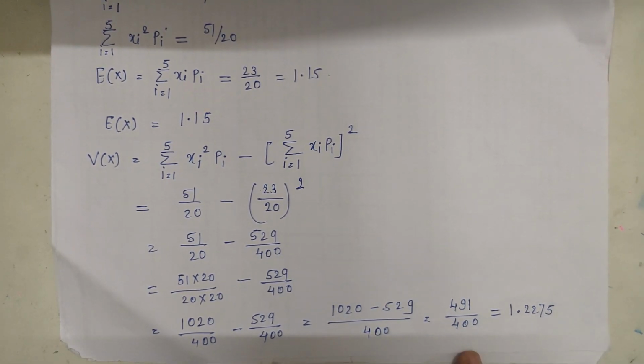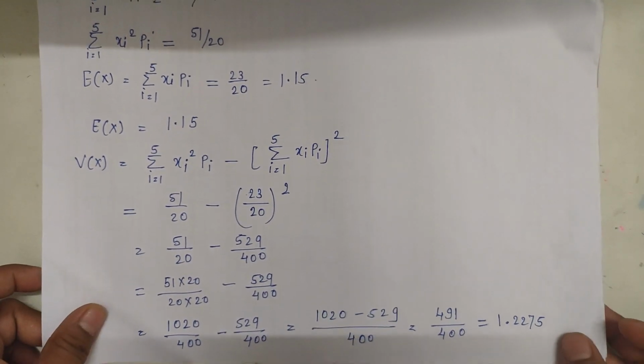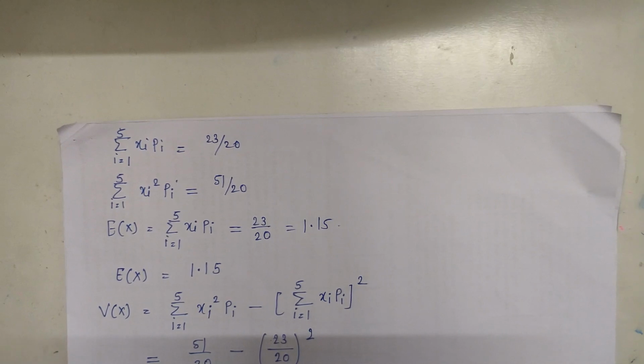The answer for variance of x for the given probability mass function is equal to 1.2275. Students, here we have completed practical number 15, probability distribution.